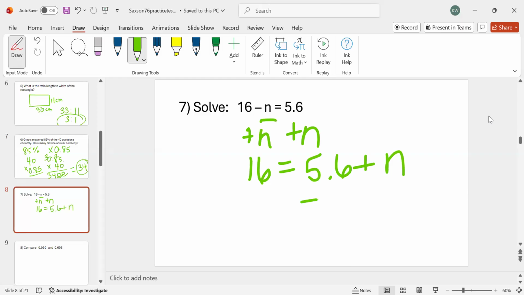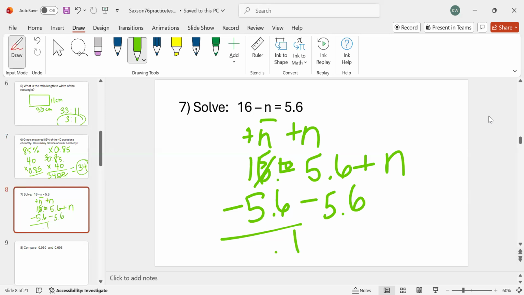Now, if we subtract 5.6 off of both sides, we get, well, let's turn that to a 15, turn that to a 10, 0.4, and 15 minus 5 is 10, and that's going to be equal to n.